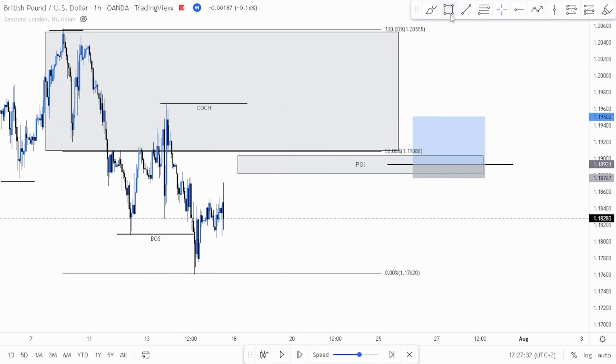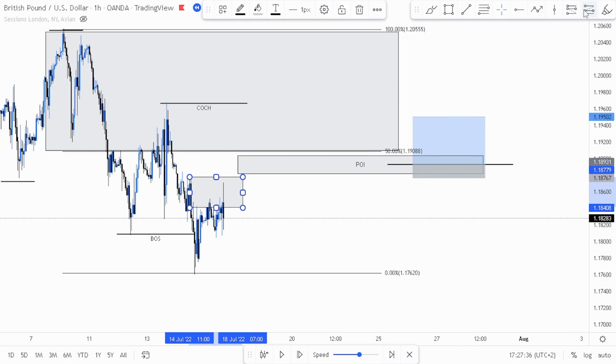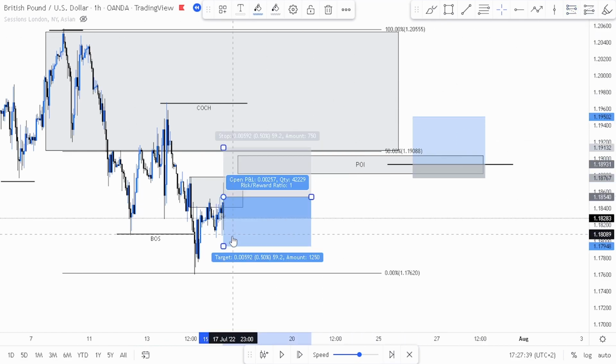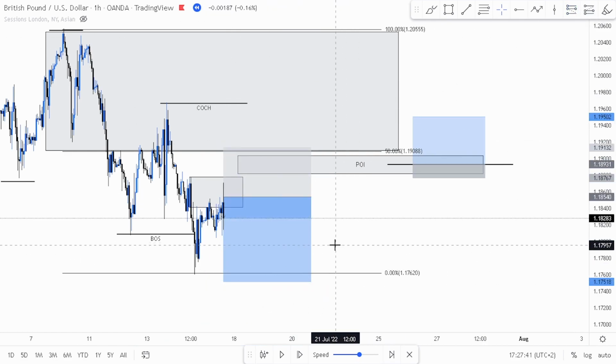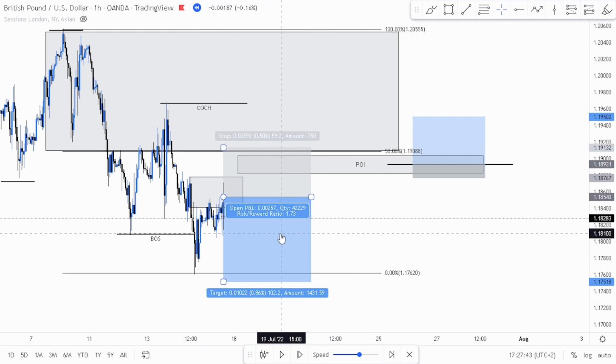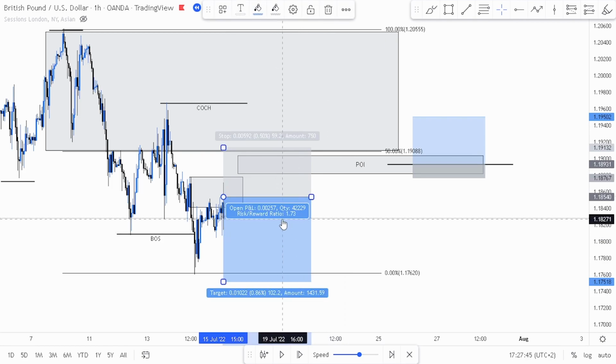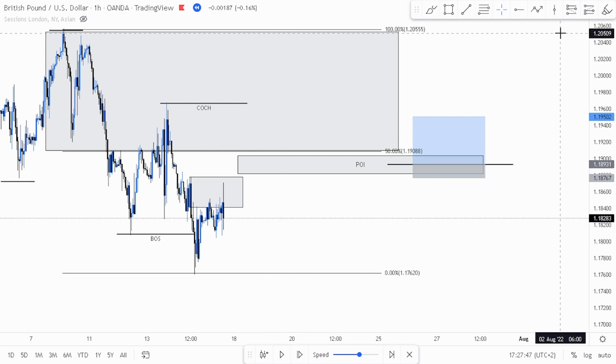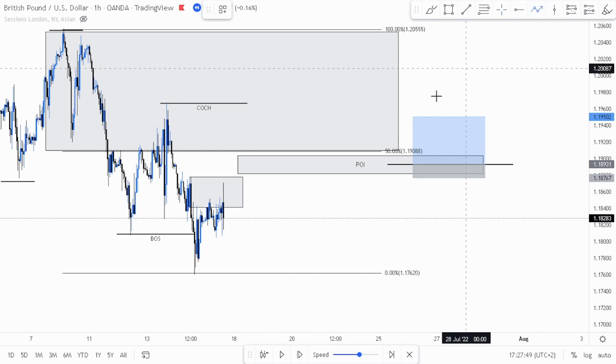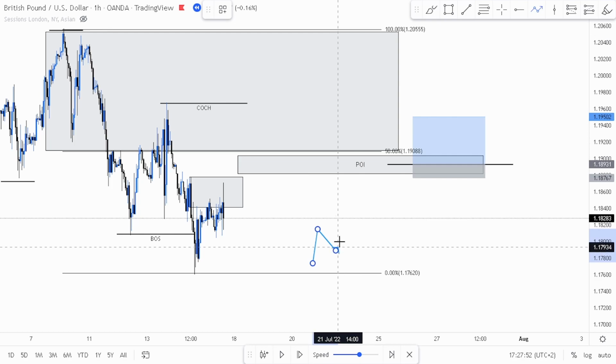Maybe you're looking at this level right over here, this level of supply, thinking that price would react and break these lows. So what you don't understand is that price is now retracing, and as it is retracing on the 15-minute or the 5-minute time frame, basically price is doing this.